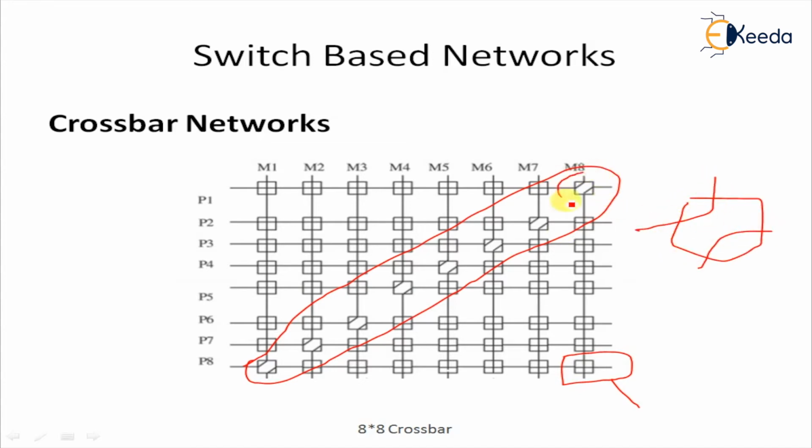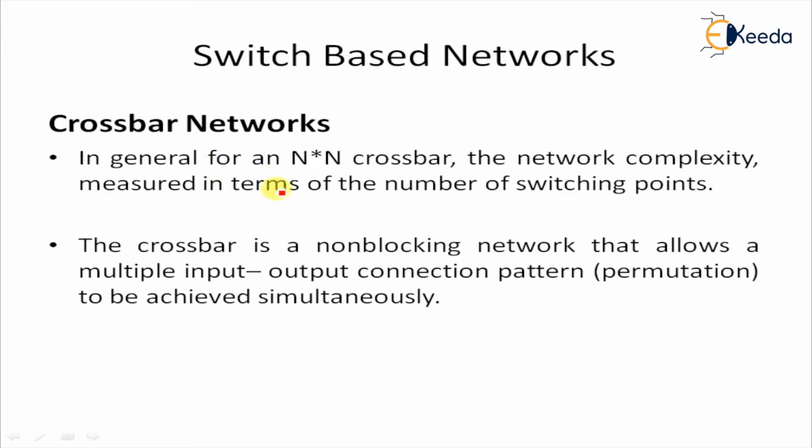This line of switch, as I have drawn over here, is known as a diagonal switch. So in this case, we connect the 8x8 crossbar network with these two kinds of switch: one is a straight switch and one is a diagonal switch. In general, for an n cross n crossbar, the network complexity is measured in terms of the number of switching points.